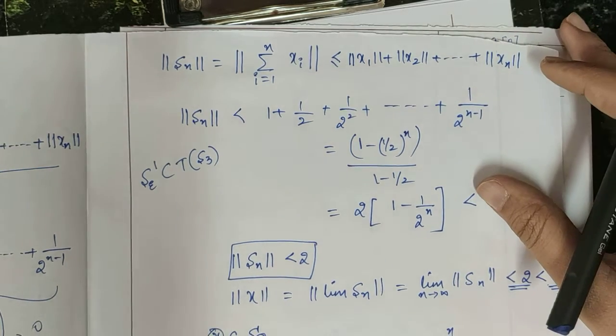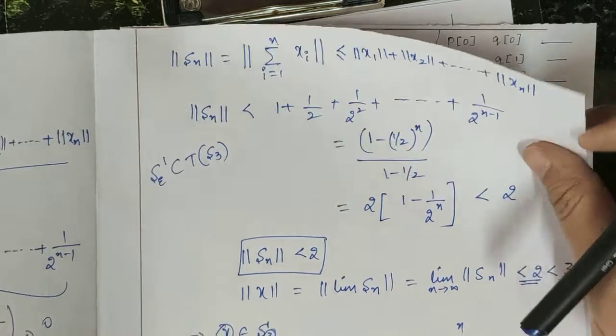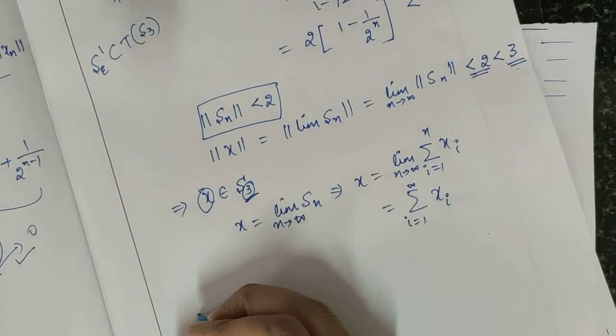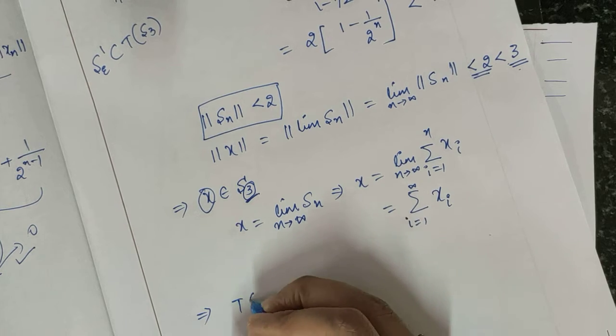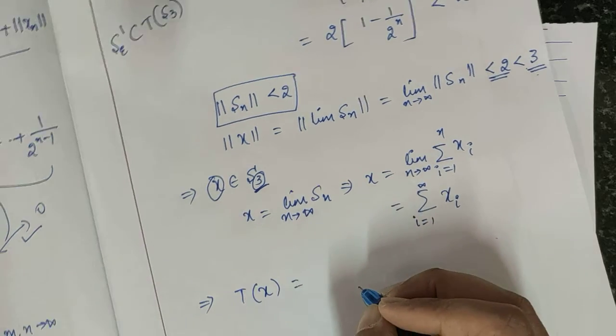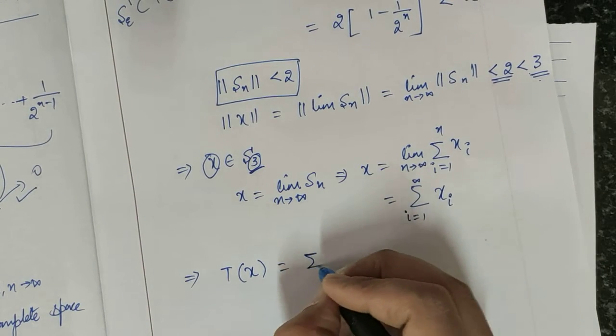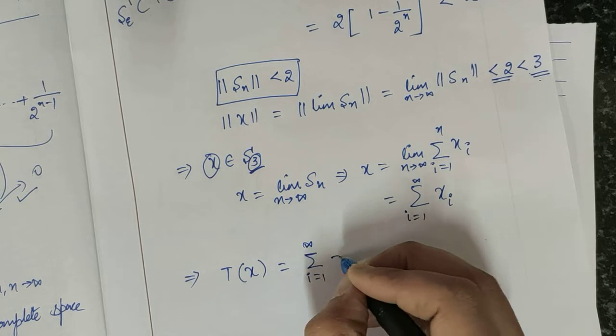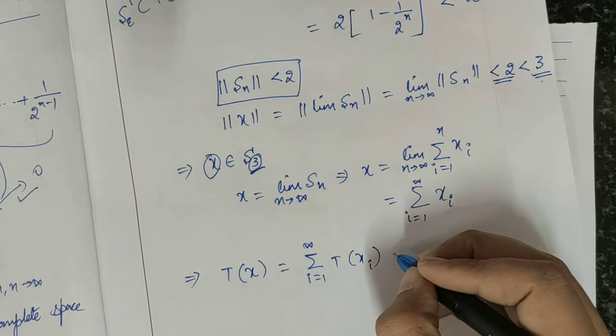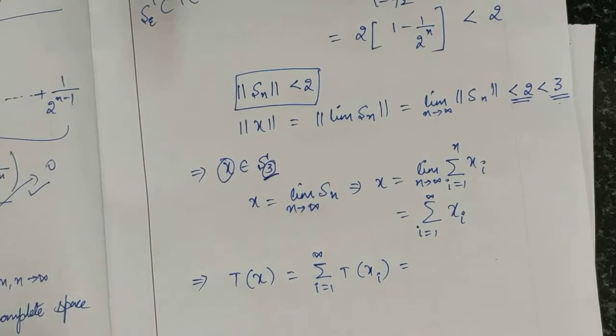We need to prove that it is contained in the image, right? So for that, let us operate T on both sides. You will be getting T of x is equal to summation i equal to 1 to infinity T of xi.